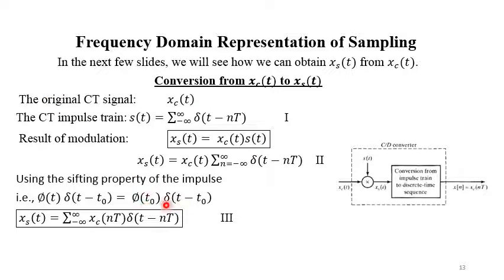Generalizing this, we say x of t equals the summation, n running from minus infinity up to infinity, of x_c(nT) times the impulse of t minus nT. So this is the generalization of this one.